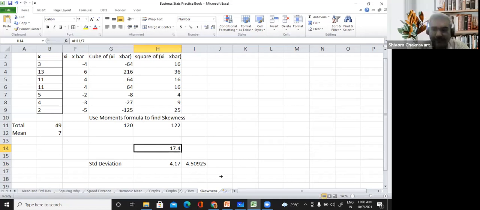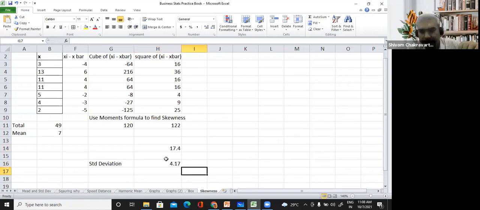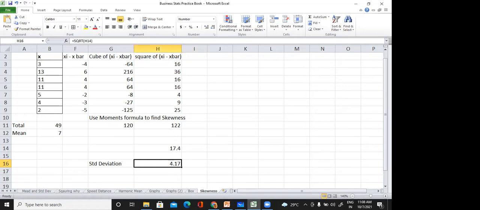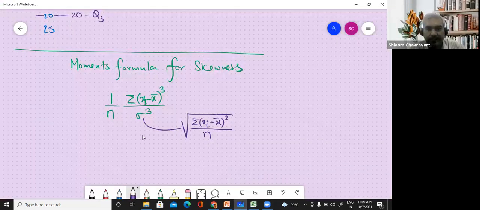You won't be considered wrong if you write 4.5 as standard deviation in this case. But keeping things simple, we have followed all the procedure and got standard deviation as 4.17. So now 4.17 is the standard deviation here.